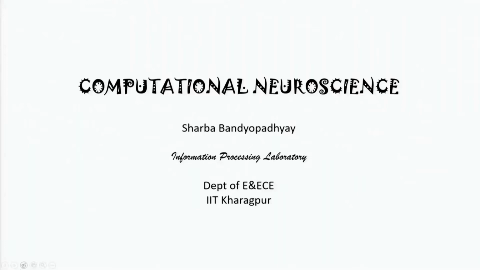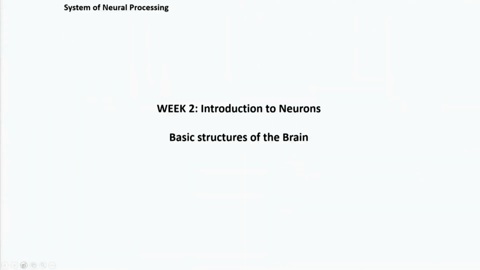Welcome. So this is our third lecture in the Computational Neuroscience course. We are in the first week where we are doing an introduction to neurons, and we have discussed in the previous two lectures the structure of neurons and also the structure of networks and synapses.